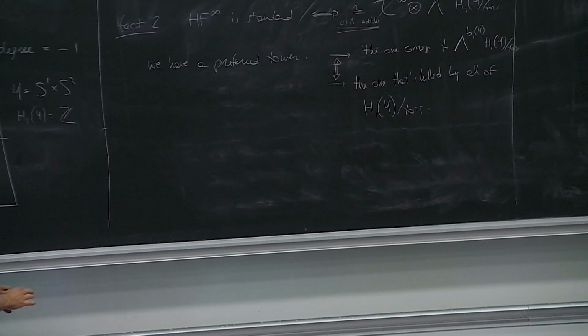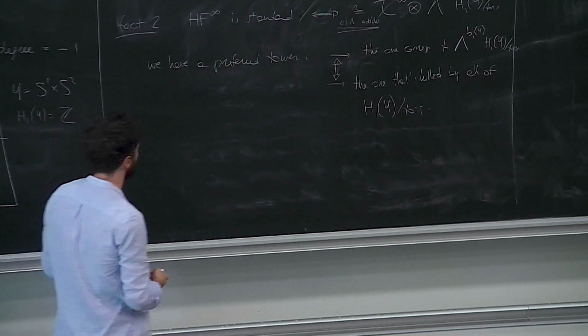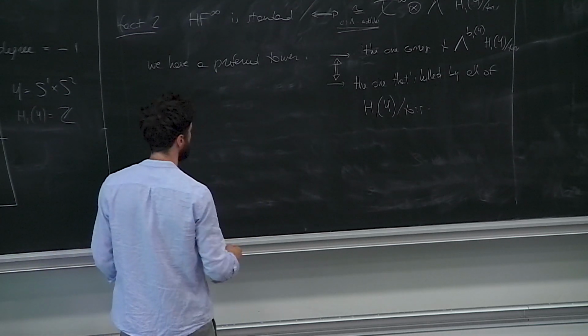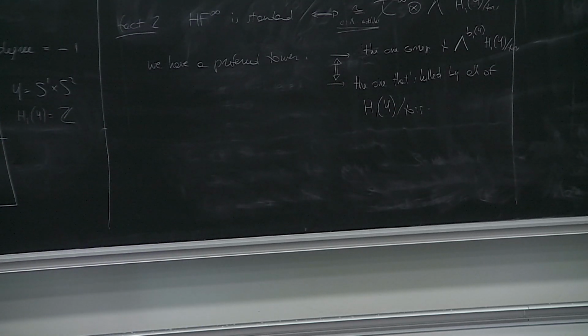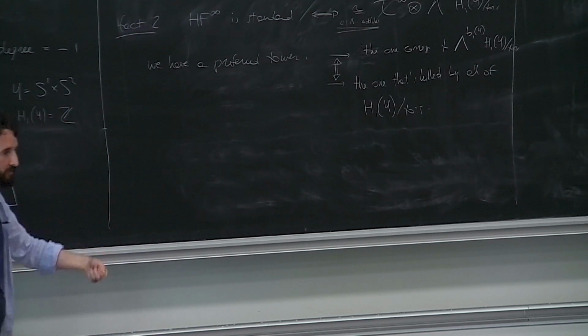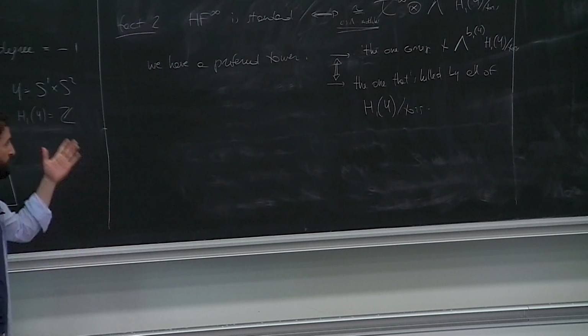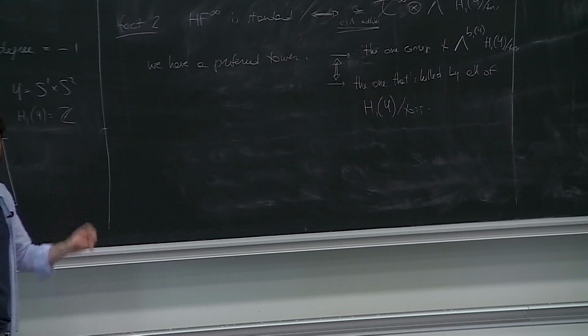And that's the same thing. And for degree reasons, since the H1 action decreases the degree, this tower that we pick out is the bottom tower. It's the one that morally is in the lowest degree.